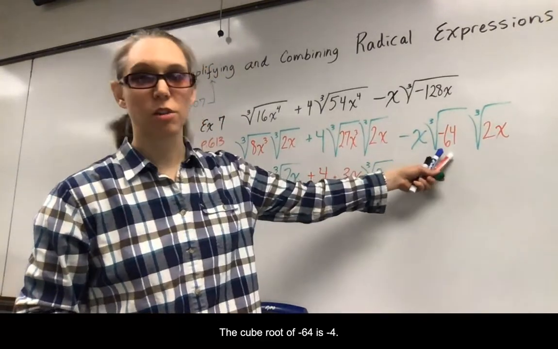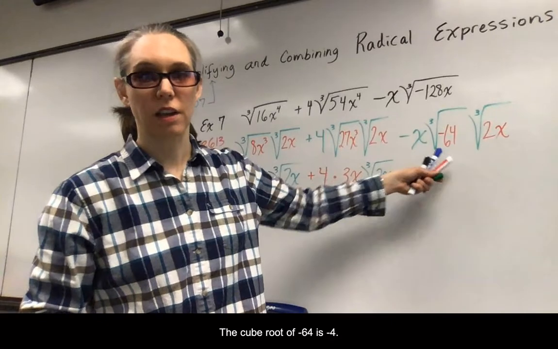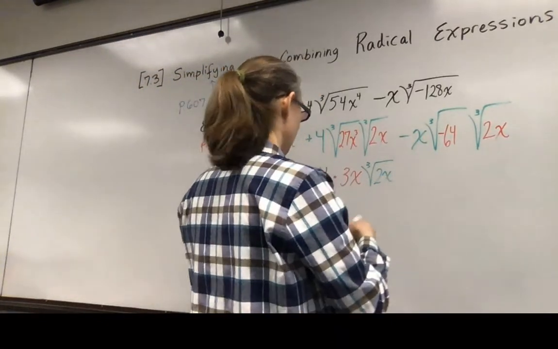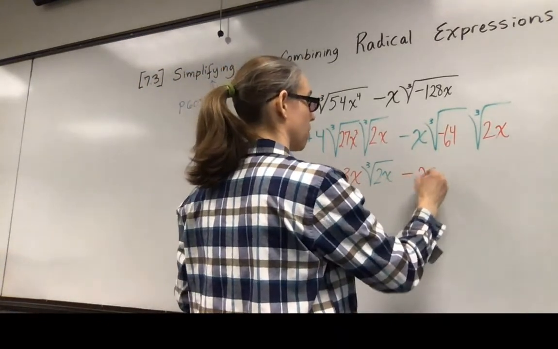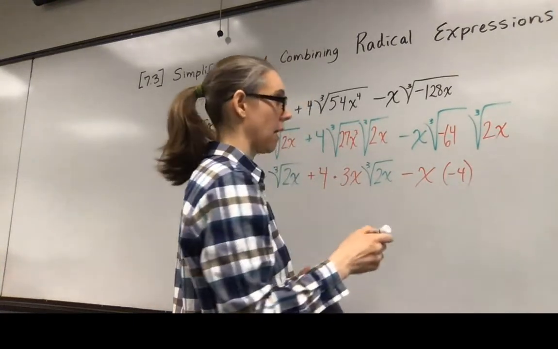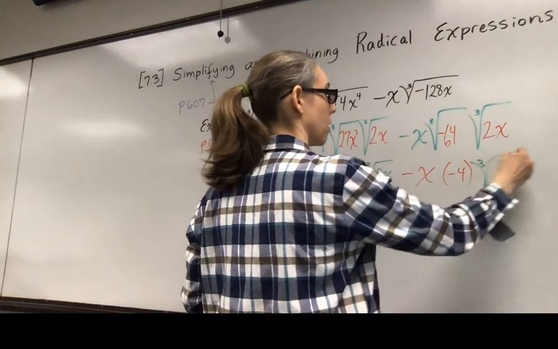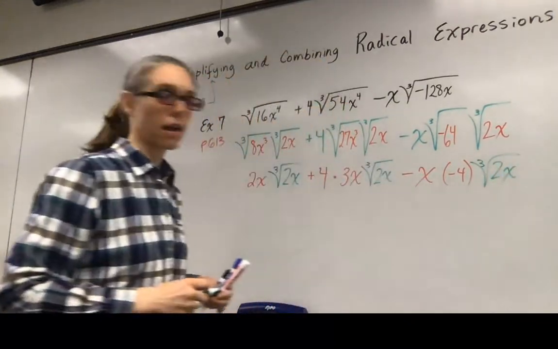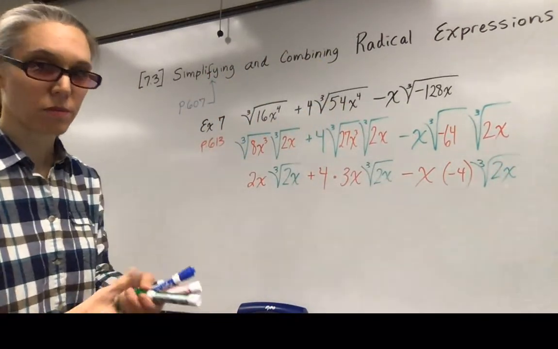And then the cube root of negative 64 is negative 4. And again, cube root of 2x. Now let me further simplify all of this.